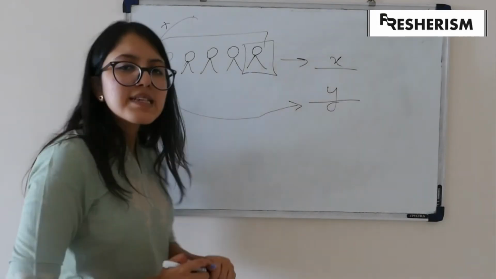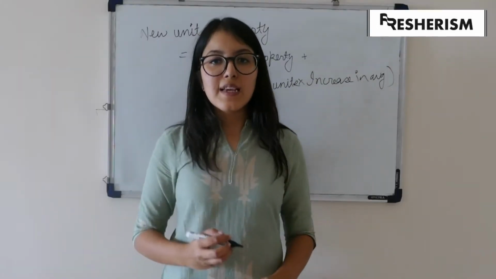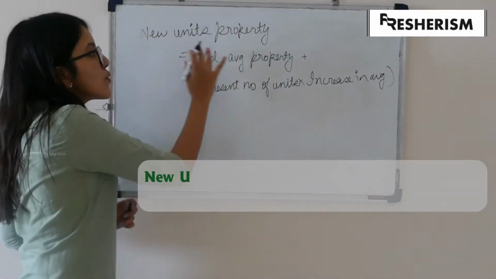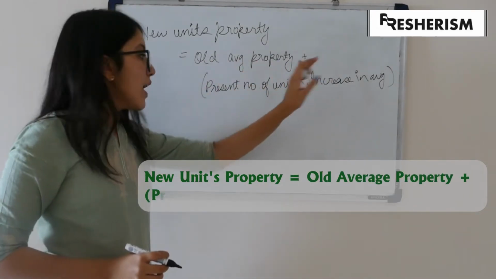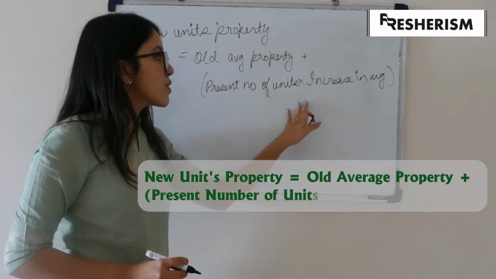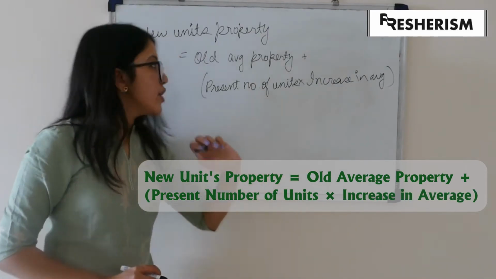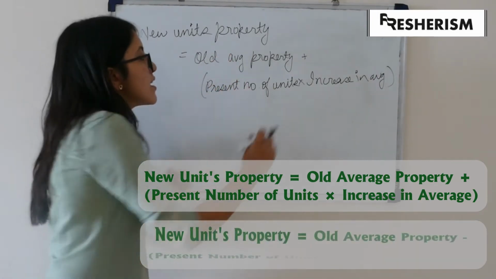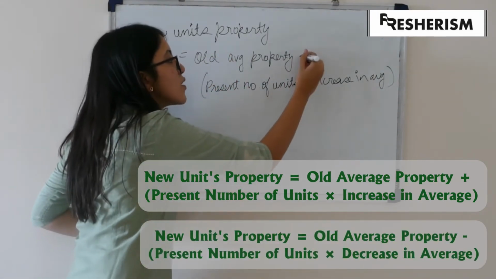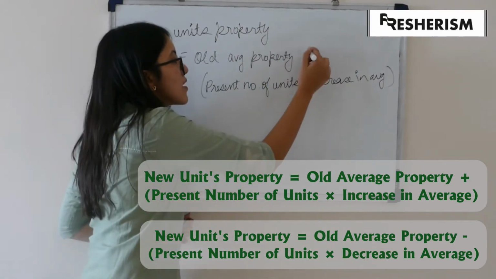Therefore, to make things easy for you, we have a very easy formula. The formula is: new units property is equal to old average property plus present number of units into increase in average. Or if they have told that one property has been removed, then you simply change this sign with the sign of subtraction. Let us look at an example now.